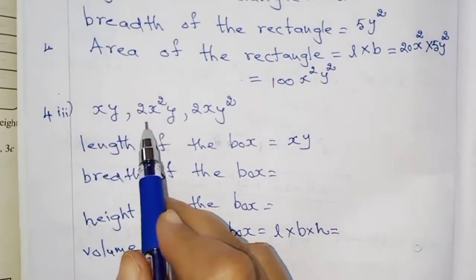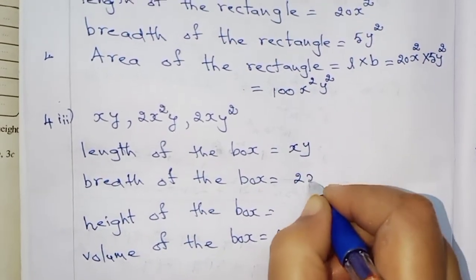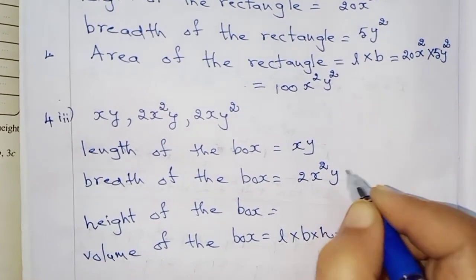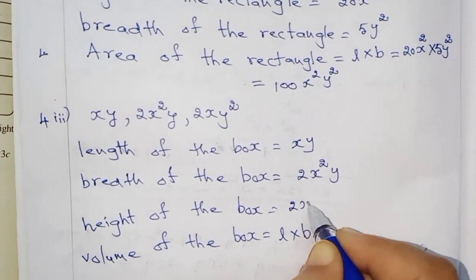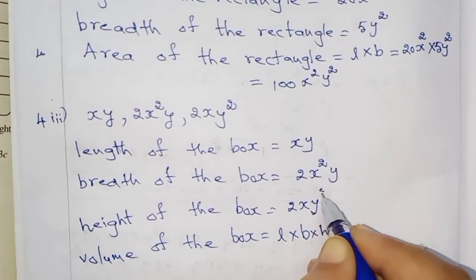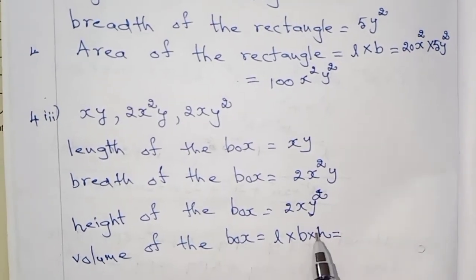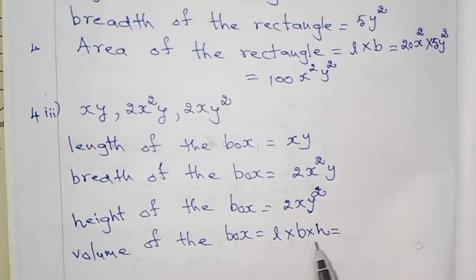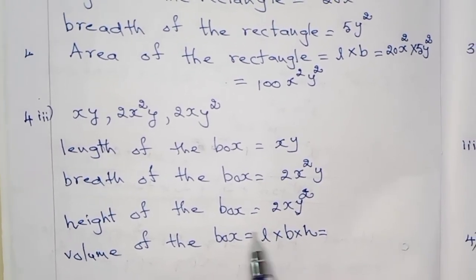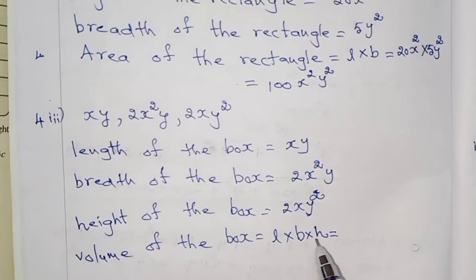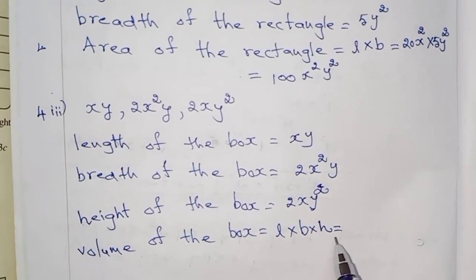The breadth of the box? 2x square y. The height of the box? 2x y square. Volume of the box is length into breadth into height.